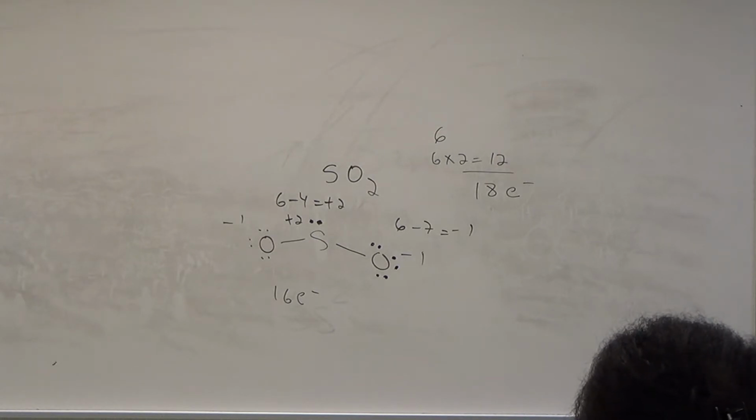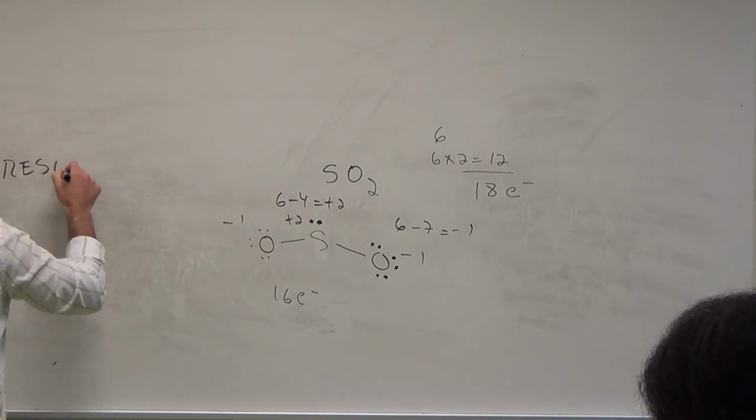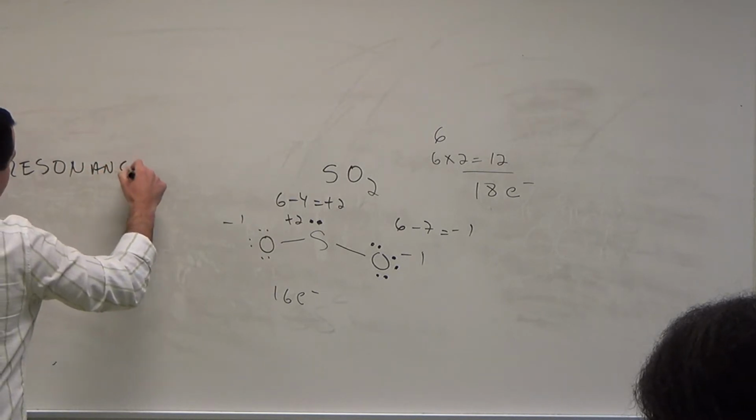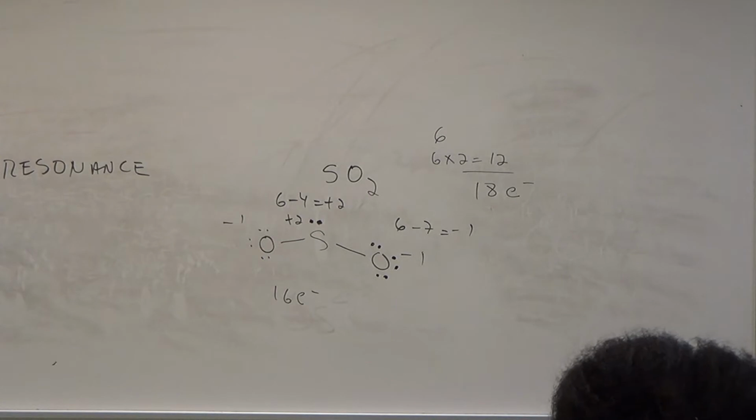This is called the resonance structures. Resonance. Look here. Resonance structures are always better with the lowest number of formal charges.